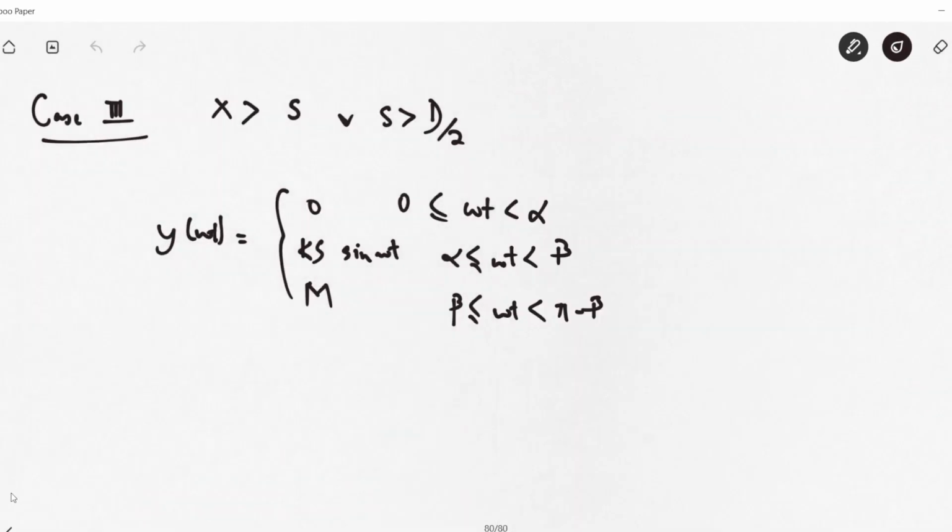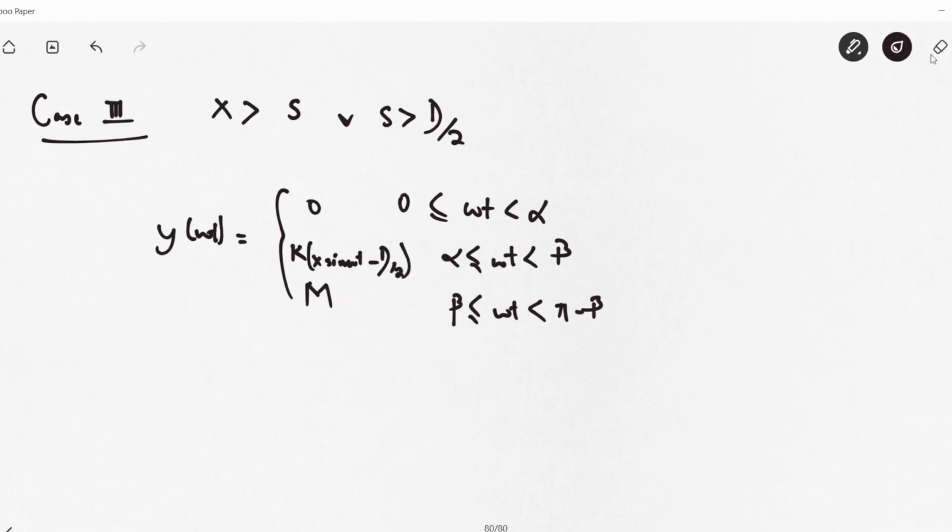Similarly, kx sine omega t minus d by 2.